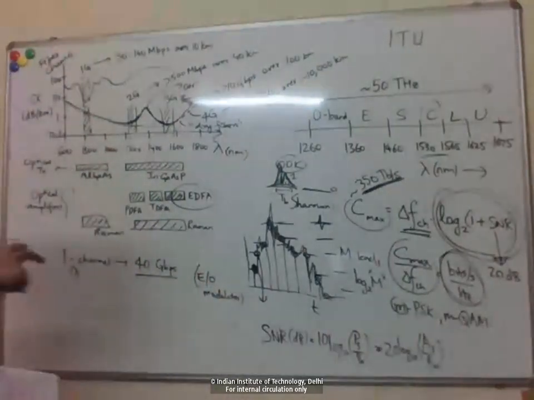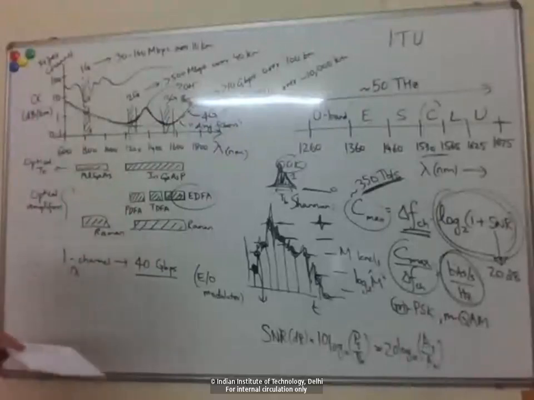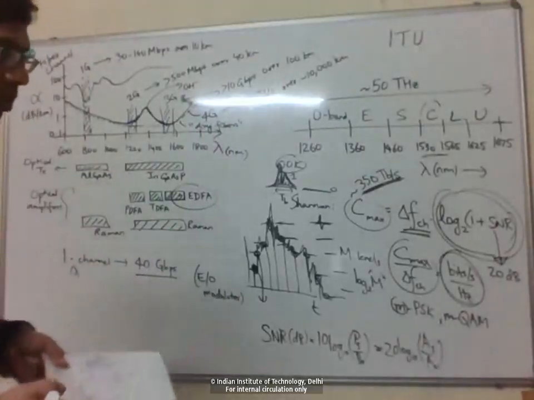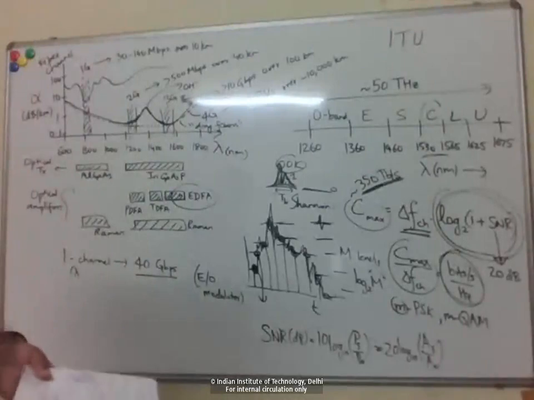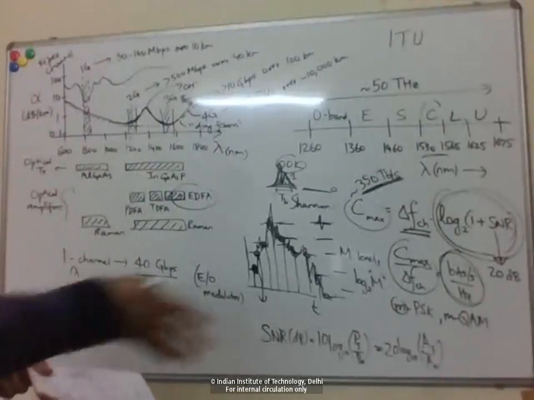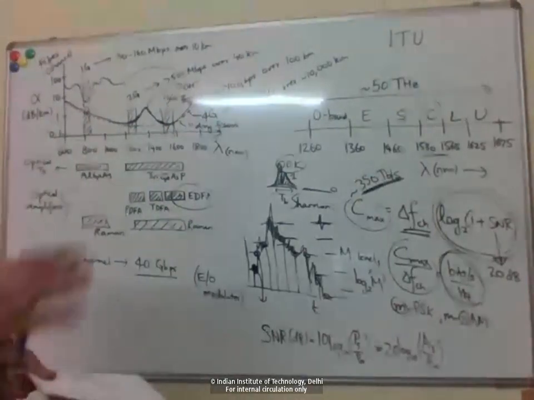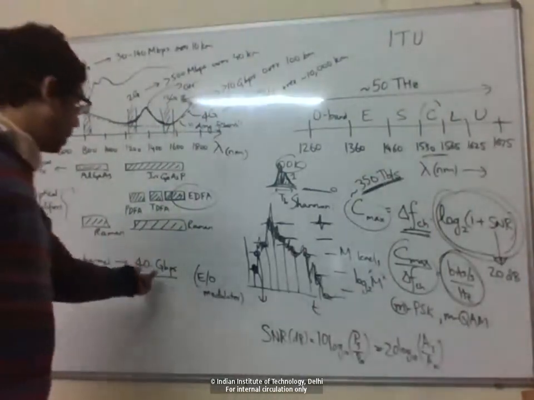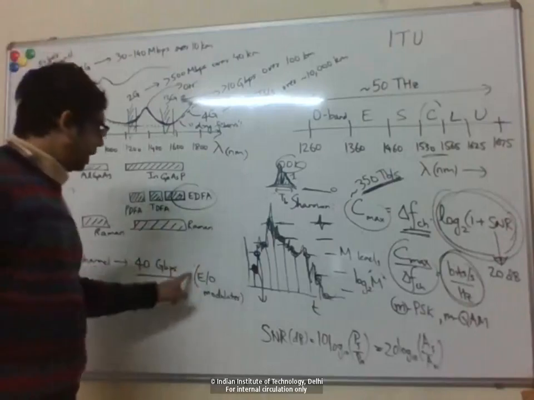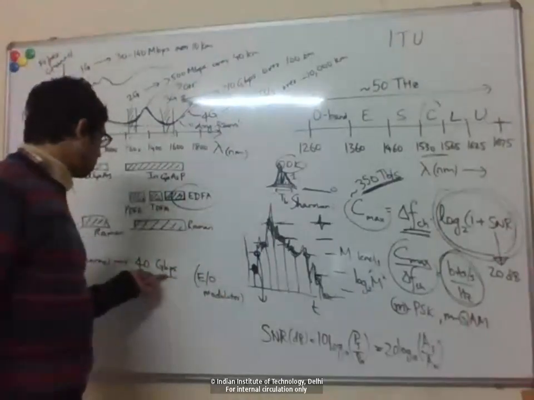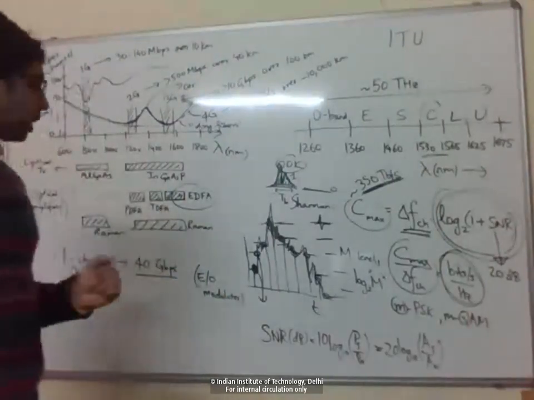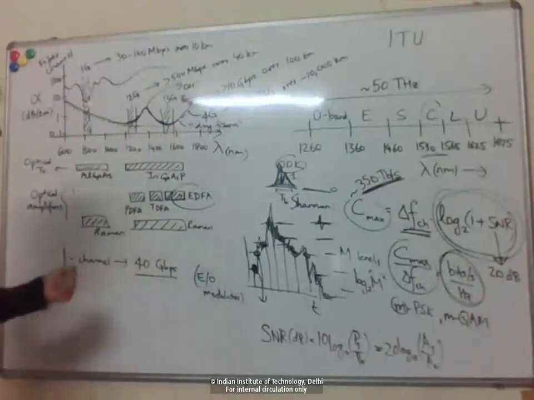In the transmitter you have a laser, and then an electro-optic modulator, which is converting the electrical data that you have stored onto the optical waveform, since you want to send it through optical means. The speed of those modulators is limited to these speeds. So that is what decides how much data I can put on one wavelength channel.